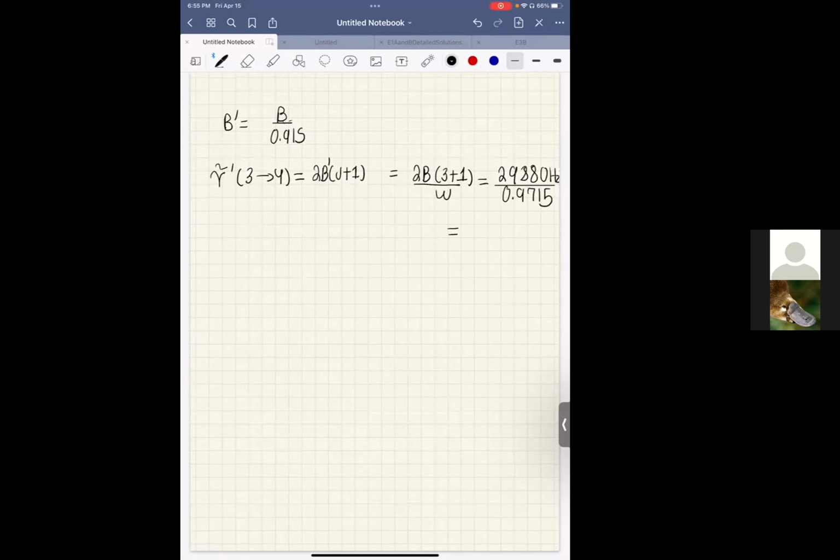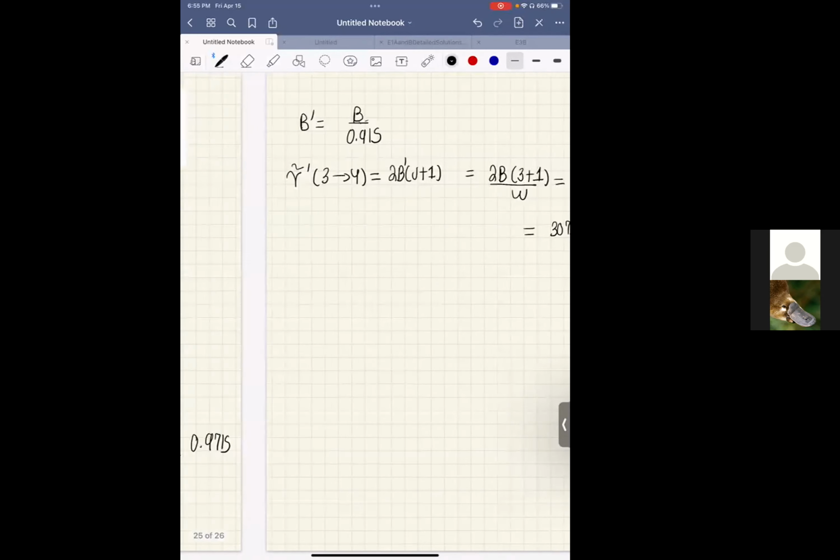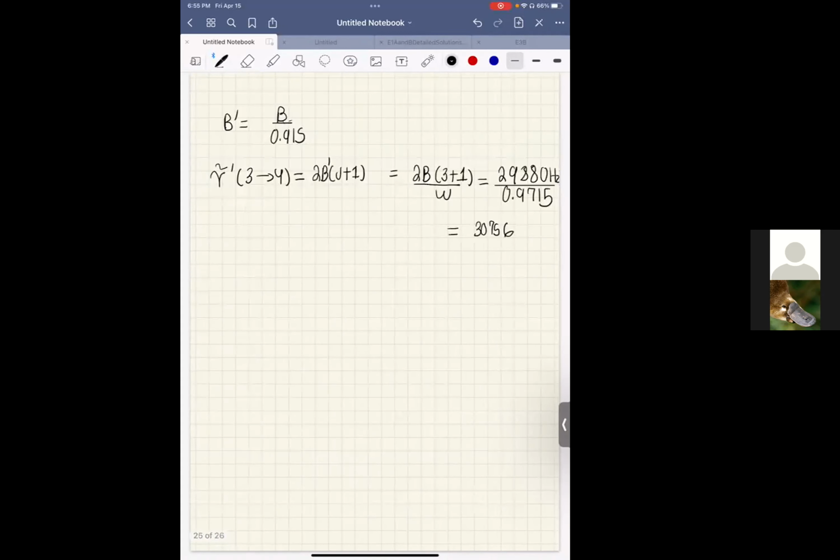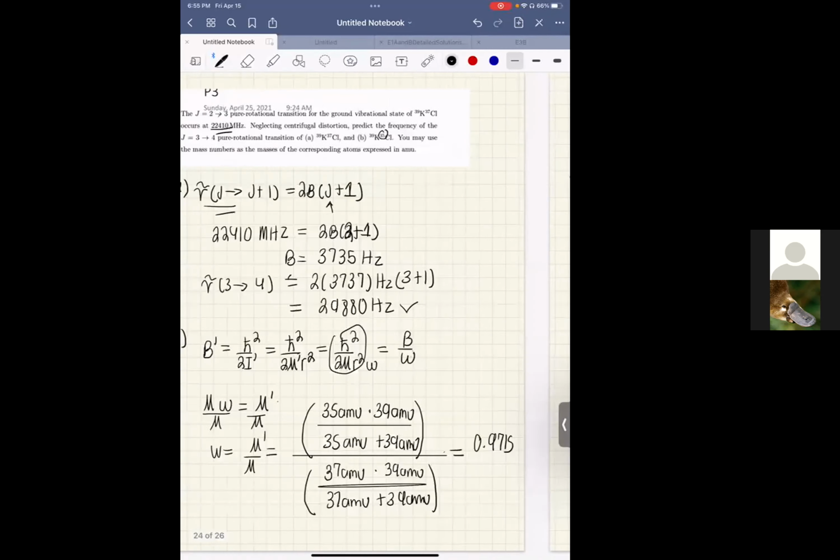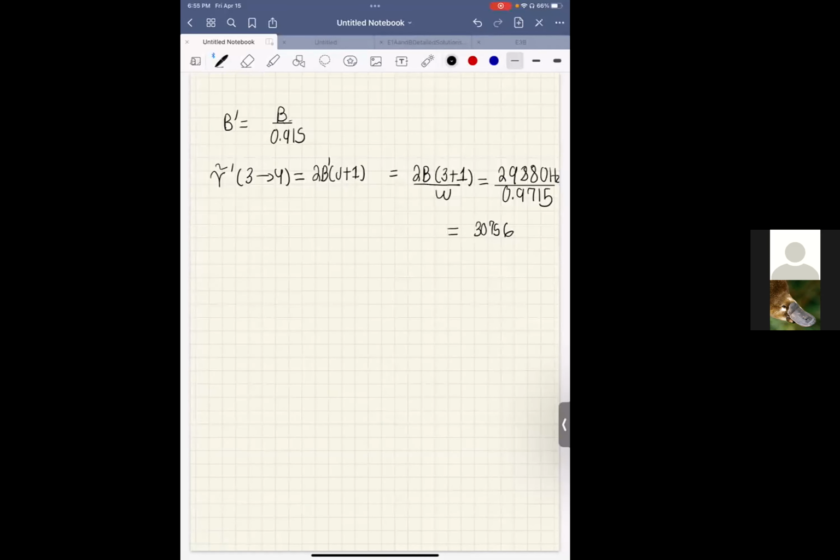And that's going to be equal to, oh, give me a second, 29,880 divided by 0.9715, which is 30,756. Okay, and that solves that question.